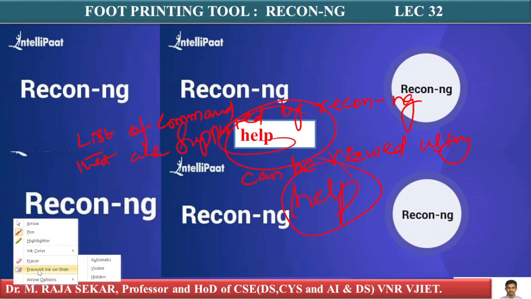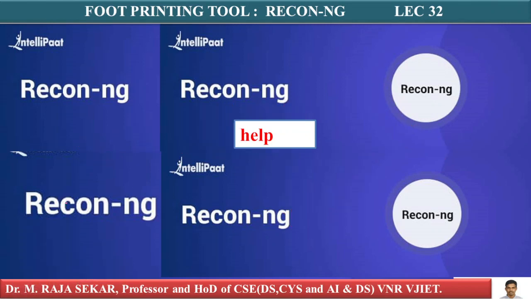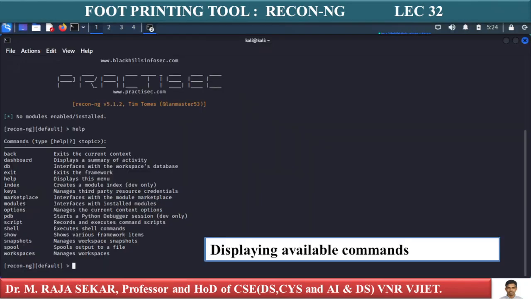That's the purpose of the help command. How it works, we will try to understand. Just see this displaying available commands. That command name is help. Just see here, this is the help command.